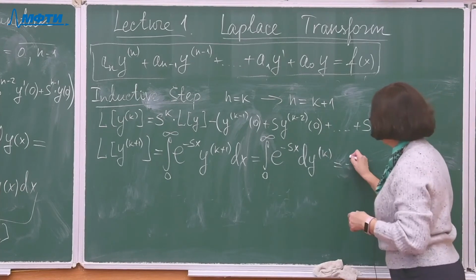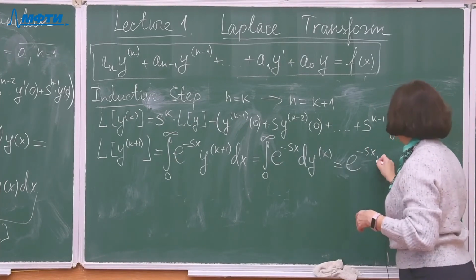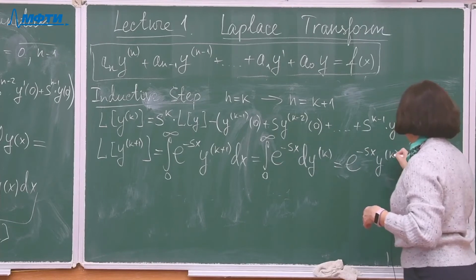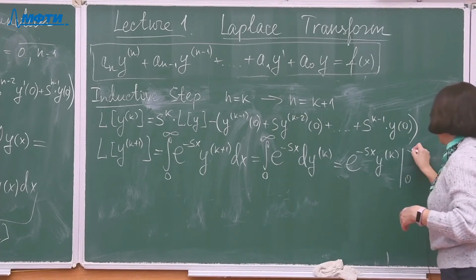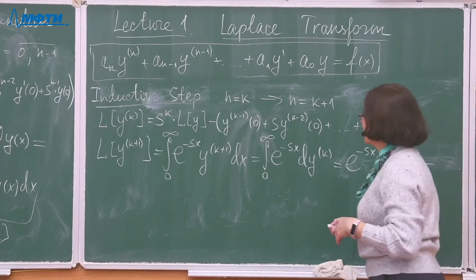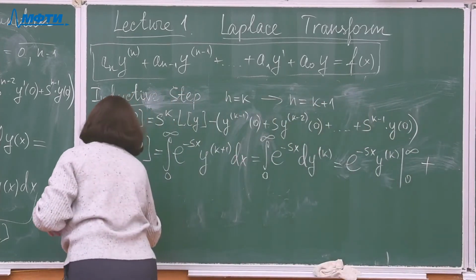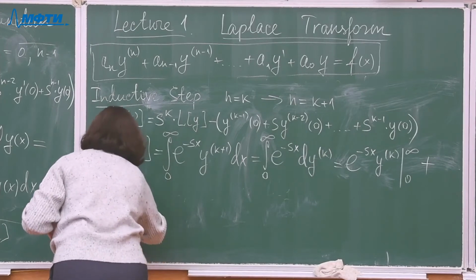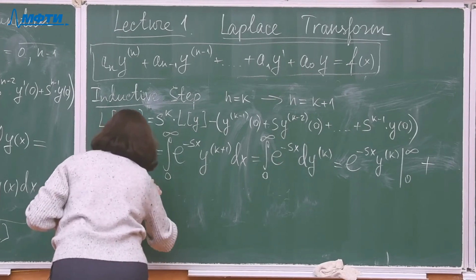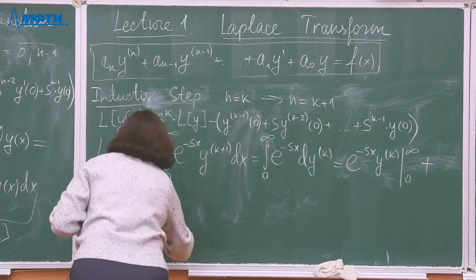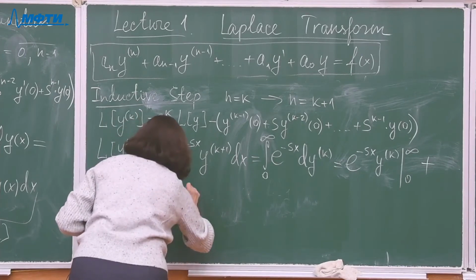Next, apply the formula: minus sx y^(k) from 0 to infinity, plus the integral from 0 to infinity e to the power minus sx y^(k) dx.